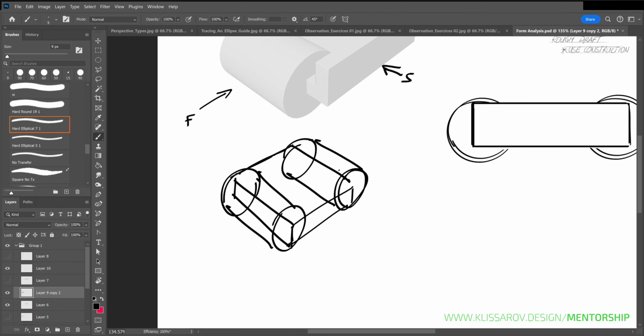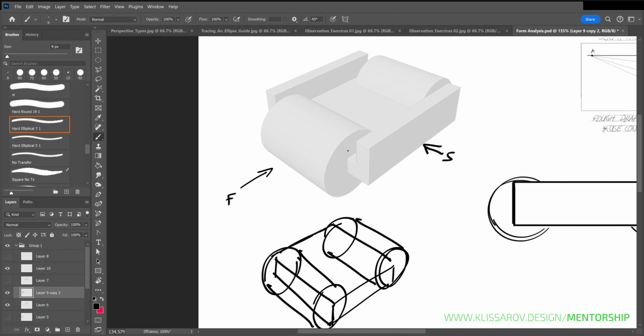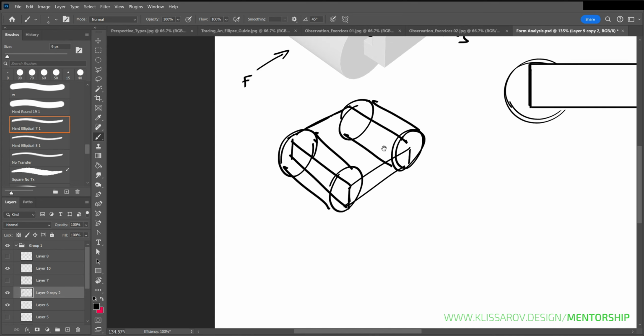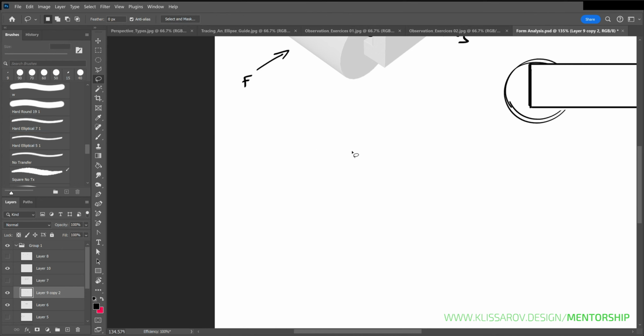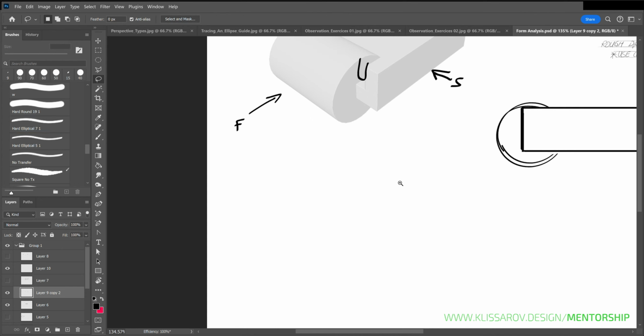That's more or less the basic construction of this shape, without taking into consideration these gaps here and the fact that it goes down and up, and that this has a certain kind of shape that we're going to have a look at later. This is the basic analysis of this kind of shape, okay?